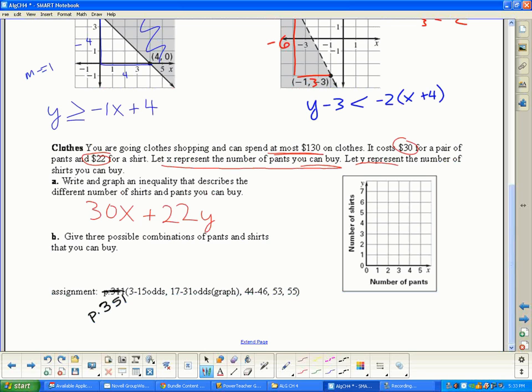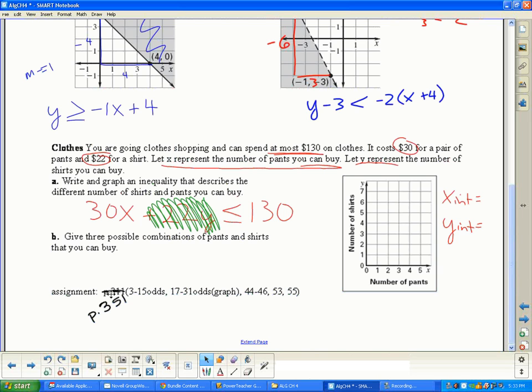So if I take 30x equals, for now, 130, what will my x be? Well, I would take 130 divided by 30, and I get 4.3 repeating. Now, for this demonstration, it's good enough just to say about 4.3. I'm just graphing it, and it's just going to be an estimate.